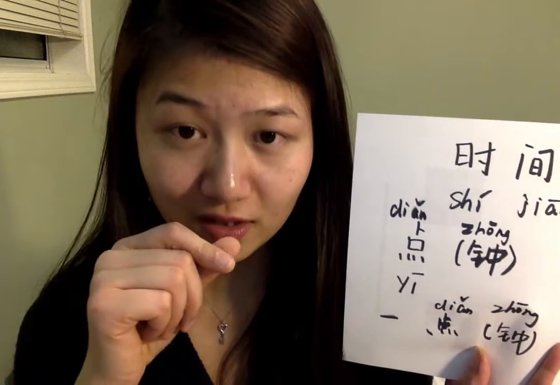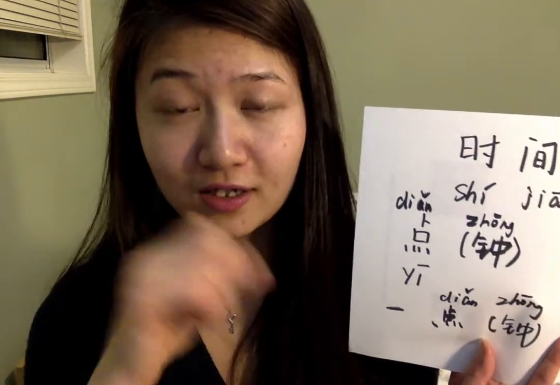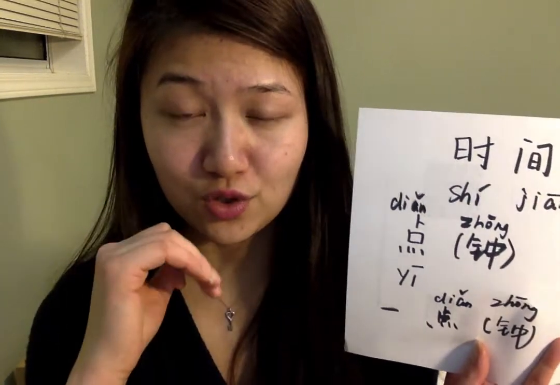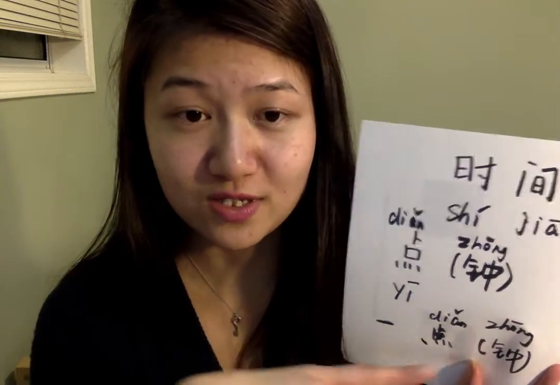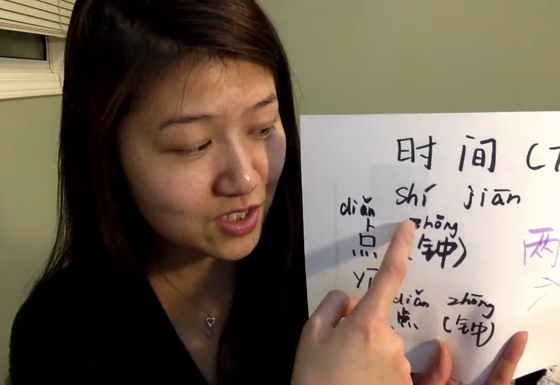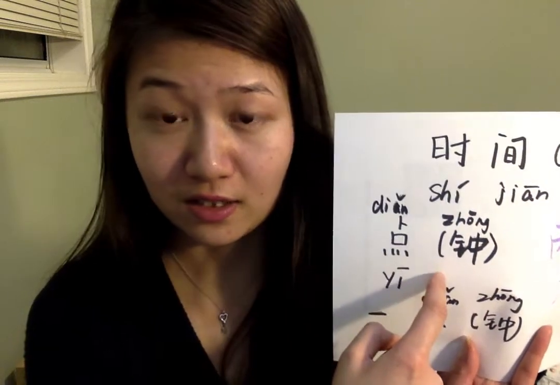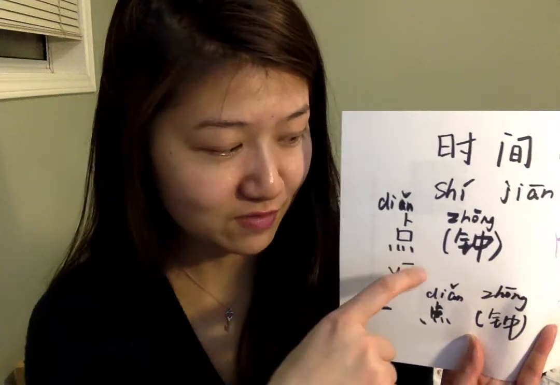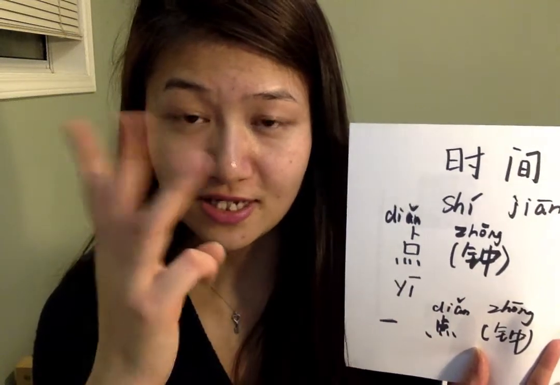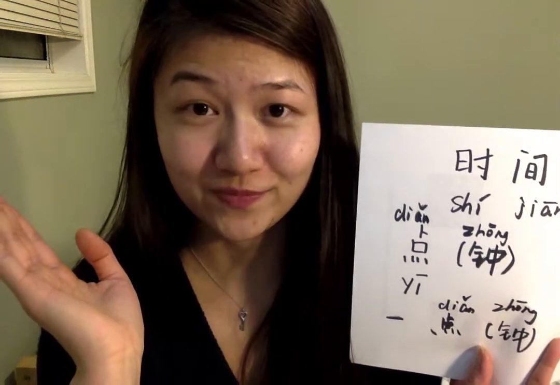So it's 1 o'clock, 2 o'clock, and 3 o'clock. So if you feel it's too much, you don't want to say 钟, I just give the bracket here, which means you can use it or you can just delete it. You can directly say 点, 1点, 2点, 3点. All the thing makes sense. Good?